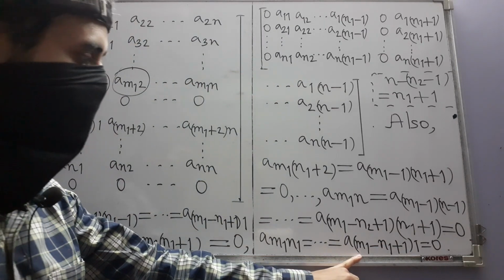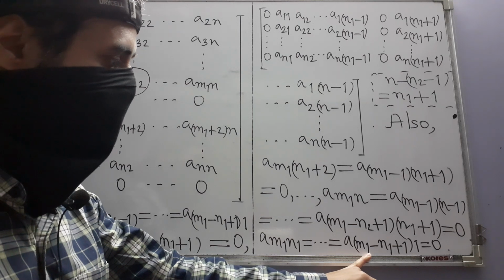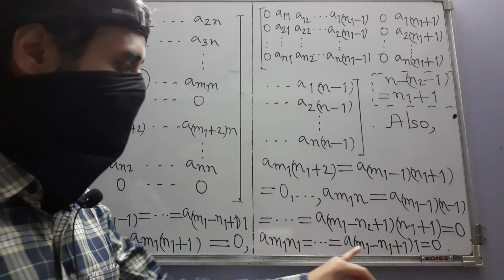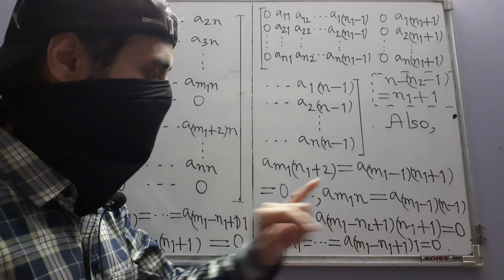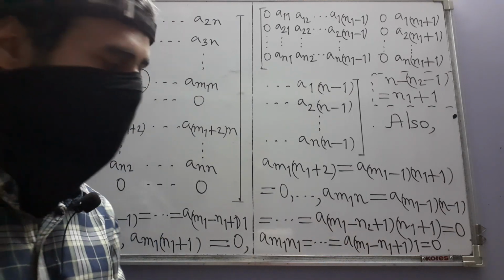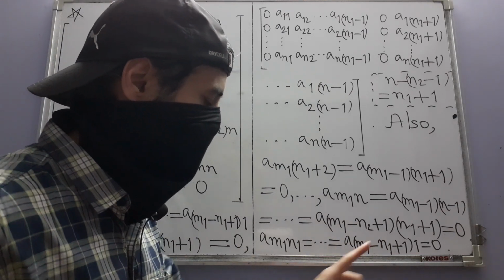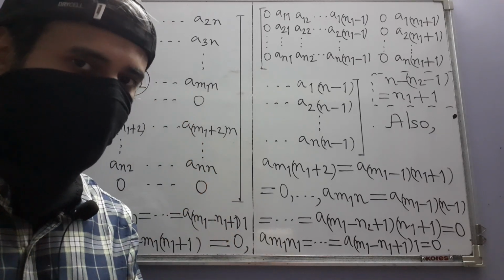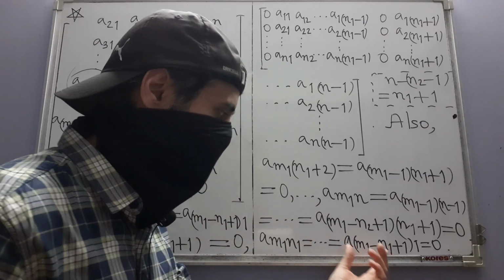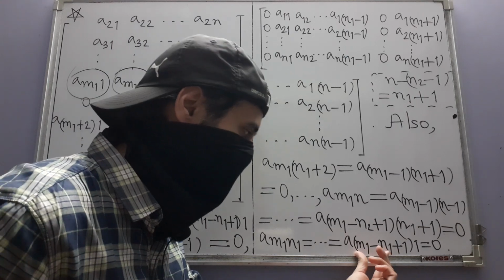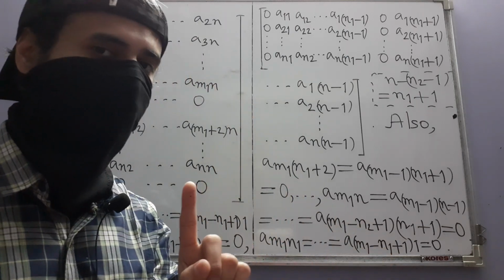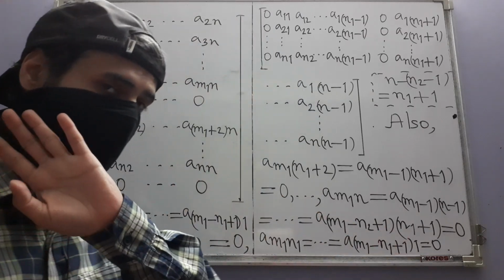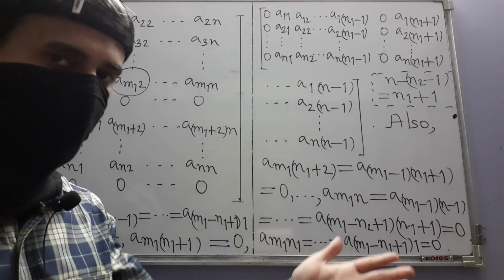Yes, of course, because we have assumed m1 to be greater than n1, right? So if m1 is greater than n1, obviously m1 minus n1 is at least 1. It's an integer after all. So what I am saying here is that this difference, m1 minus n1, is not 0. And that is why this first index is not 1. It is greater than 1.